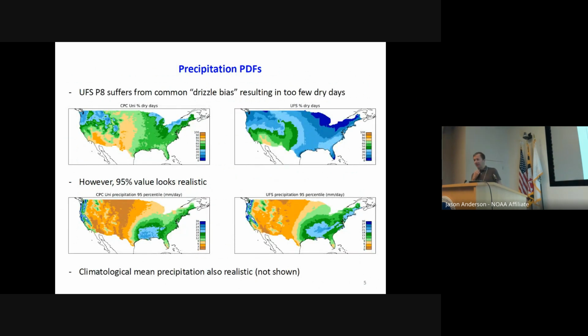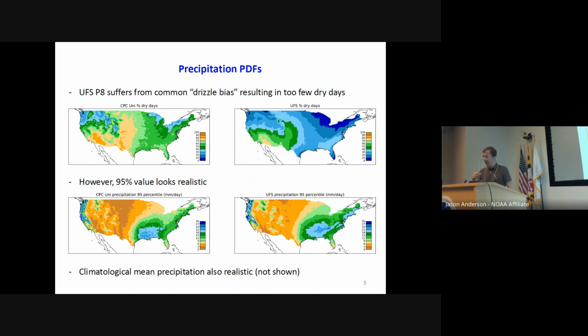If you look at the actual PDFs of precip, the top panels show the percent of time it's not raining or snowing, so the percent of dry days. Left is observed and the right is UFS. You have the common problem that it's always raining a little bit, the drizzle bias.